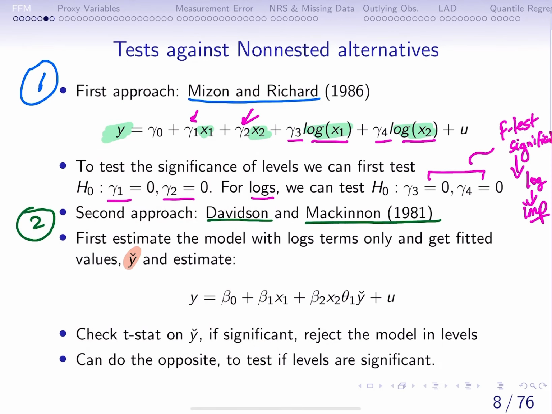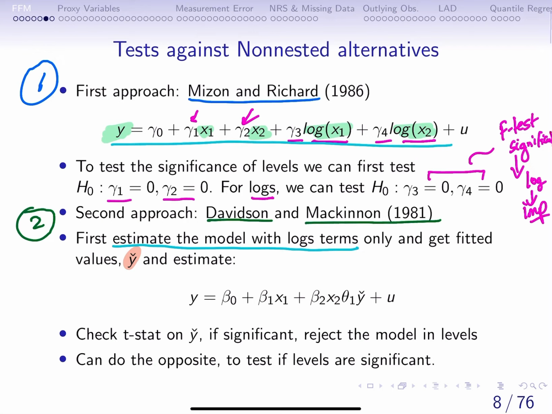So we're basically estimating this model with log terms only, right? So in this model, we're not going to estimate anything in level form. So take these two out, right? And you just regress y on log of x1 and log of x2 and maybe other log variables, and you get the fitted value, which we're calling y caret.